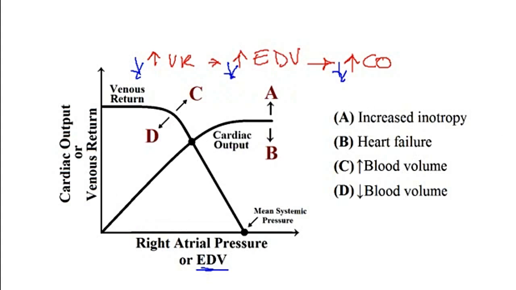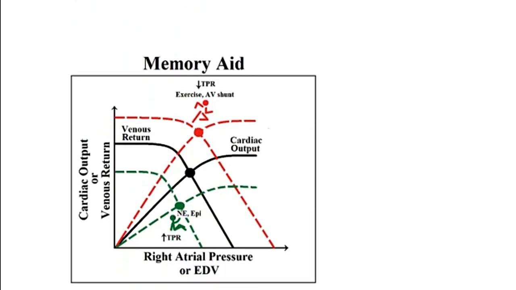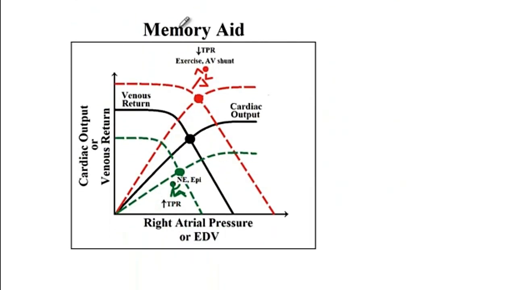Now, there are also conditions that will affect both the venous return curve as well as the cardiac output. And for that, I have provided you with a memory aid that will make the memorization easy. Conditions that decrease the total peripheral resistance, as a consequence of which there would be increased venous return, shift the venous return curve upward, and there would also be increased cardiac output because there is now decreased total peripheral resistance, or the afterload.